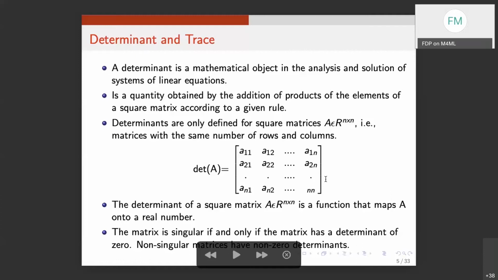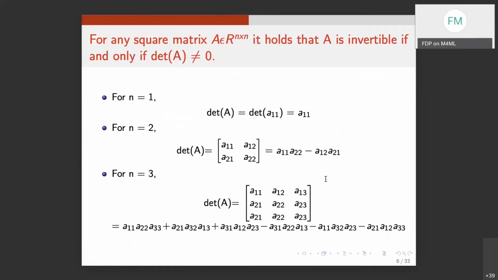A matrix is singular if and only if the matrix has determinant 0. This is one of the properties you have to understand. Obviously, a non-singular matrix has a non-zero determinant. For any square matrix, it holds that A is invertible if and only if the determinant of A is not equal to 0.